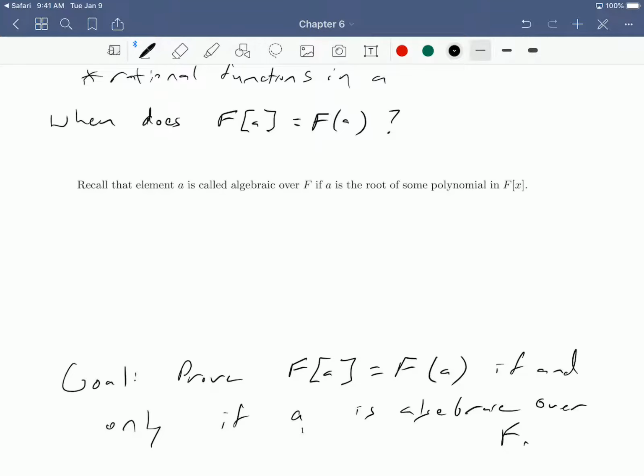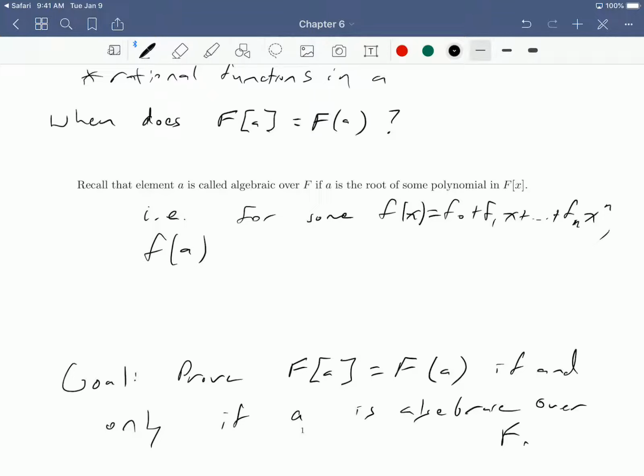Okay, and I left a little space there because I remind you also about what algebraic meant. So algebraic over F meant it was the root of a polynomial. And so we can write that down, for some f of x polynomial that looks like f0 plus f1x dot dot dot all the way up to fn x to the n.